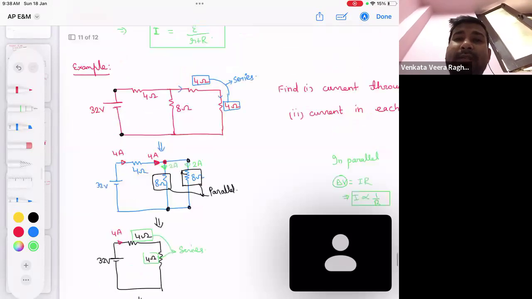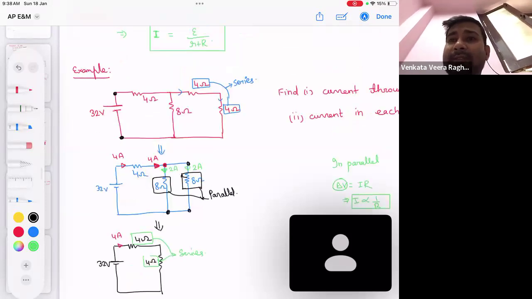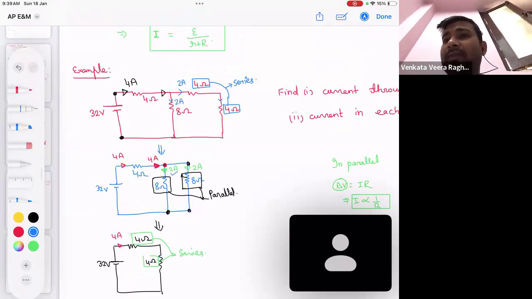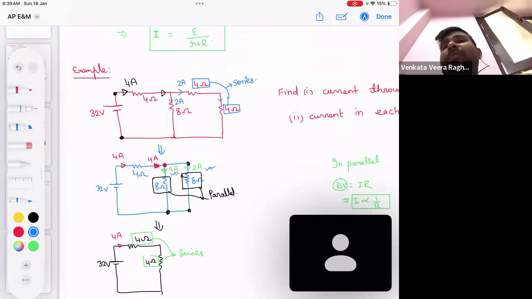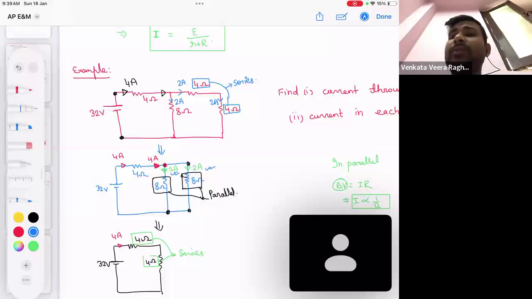So can I say finally in the circuit the current came 4 ampere? It reached here 4 ampere. That 4 ampere current got distributed 2 ampere, 2 ampere, right? This is the 2 ampere we have calculated now. You could have solved it using Kirchhoff's loop law also.